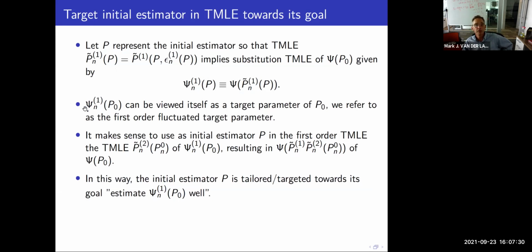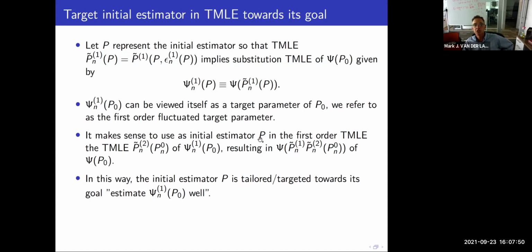So then I say, this itself can be thought of as a parameter. It's a data adaptive parameter, fine, but it is a parameter, it's a function of P. So therefore you say, why don't we use as initial estimator for P the actual TMLE of this plugin parameter, so that we actually tailor this fit for the purpose of what it's supposed to be used for.